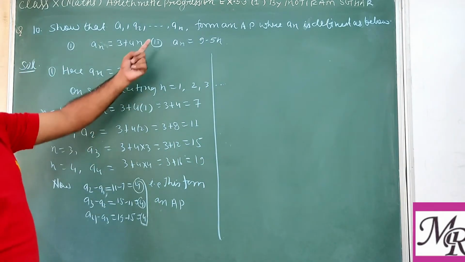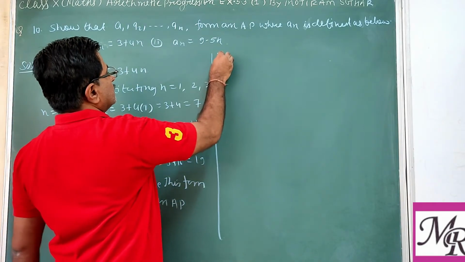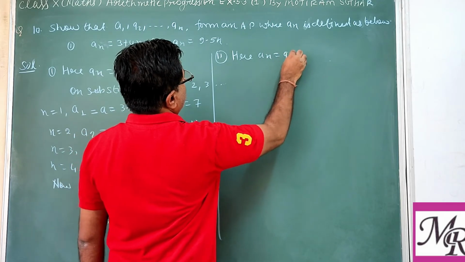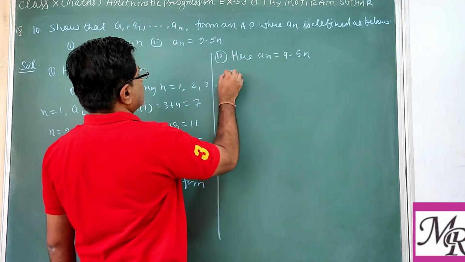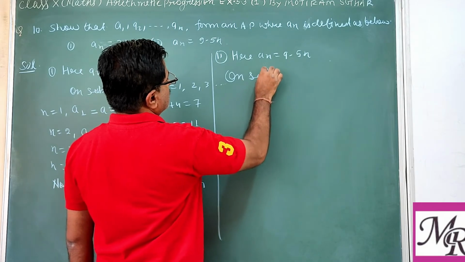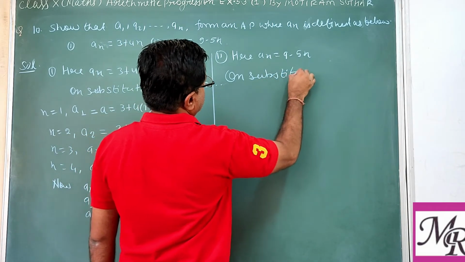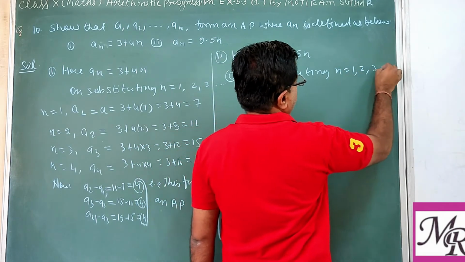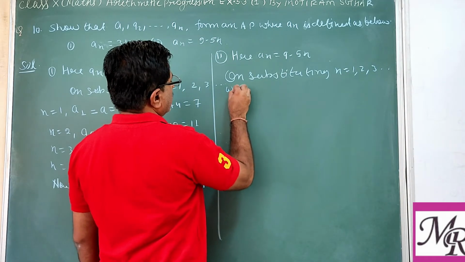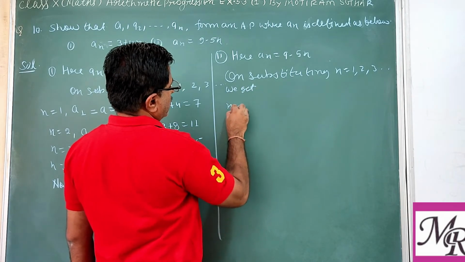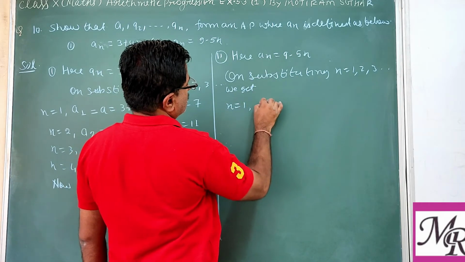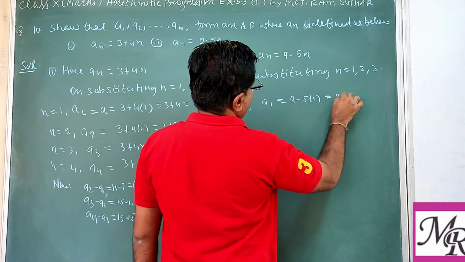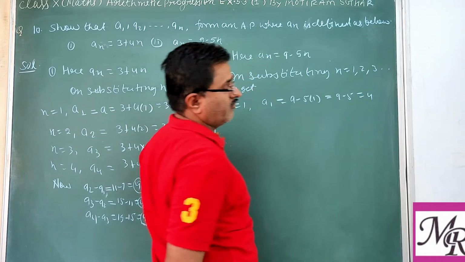Similarly, we take here the second part. Here an equal to 9 minus 5n. So on substituting n equal to 1, 2, 3, 4, we get: n equal to 1, a1 equal to 9 minus 5 into 1. So 9 minus 5, that is 4.